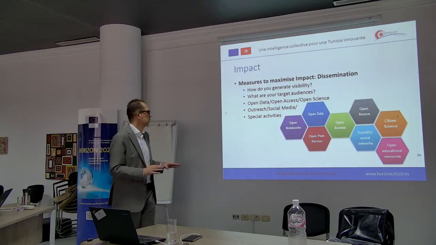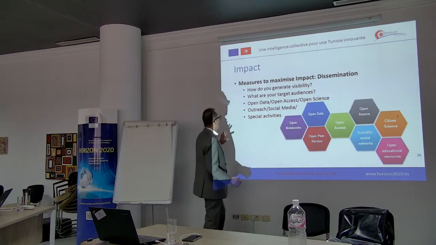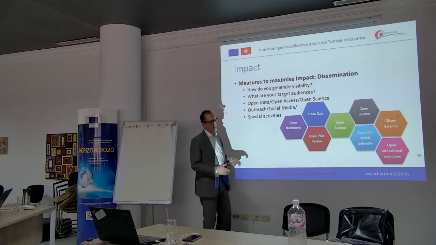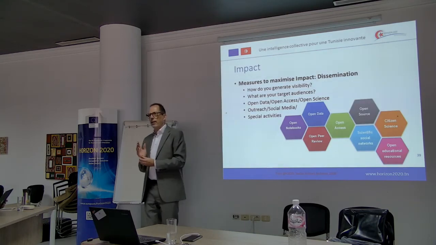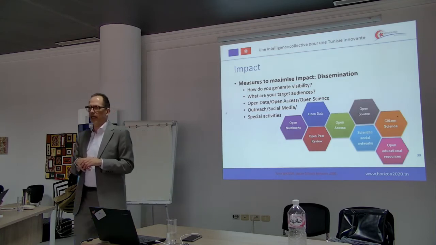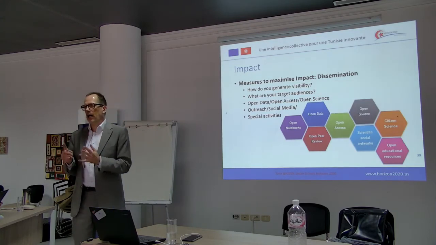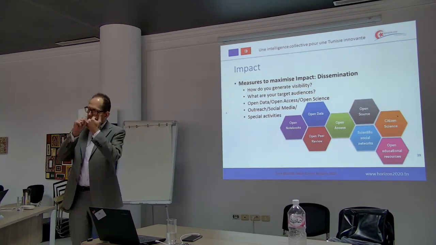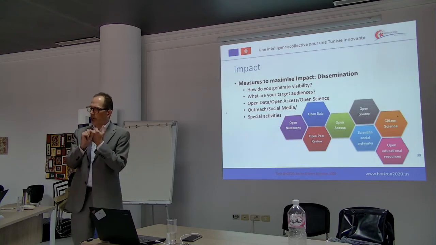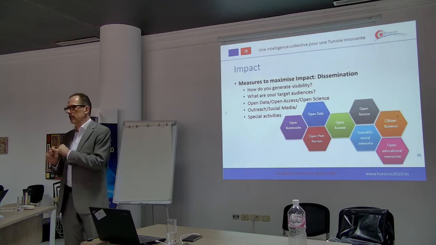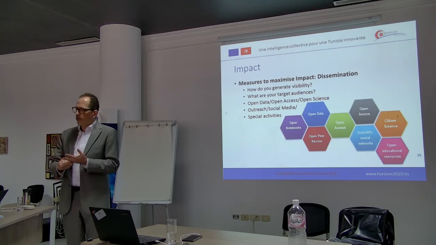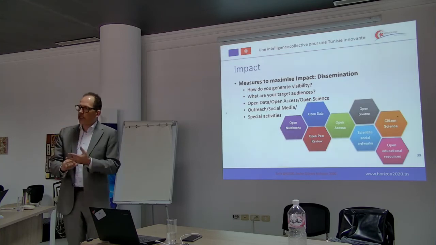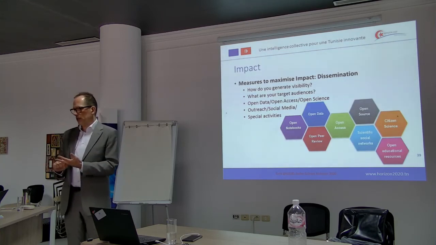So at the moment, you will still have to talk in your dissemination part, in the maximizing impact, about how you will publish. Will you be open access green? Will you be open access gold? Which repositories will you use for your data?